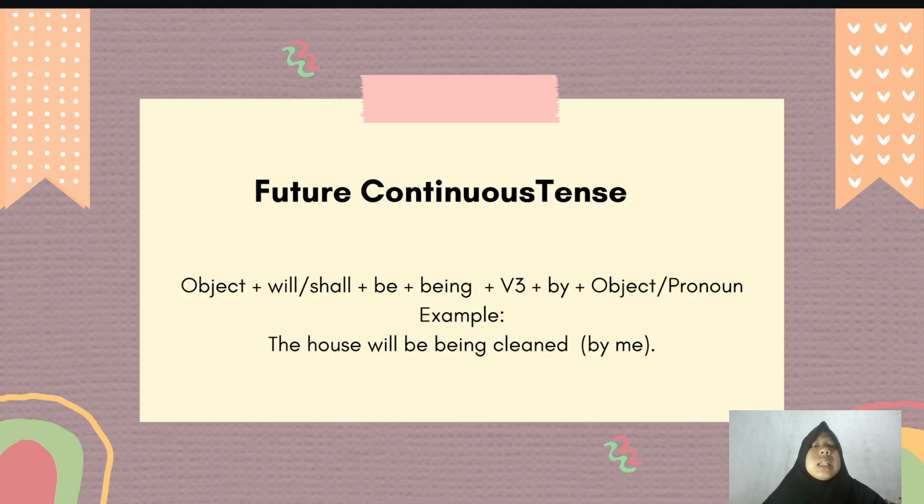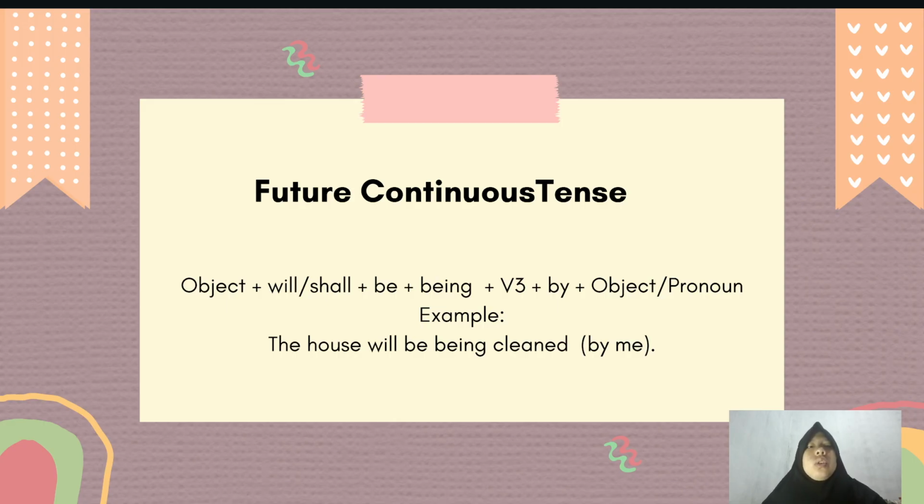And the passive voice is "The house will be being cleaned every day." Okay. This construction emphasizes that the action of cleaning will be ongoing in the future, and the house will be the focal point of that action rather than the person performing it.